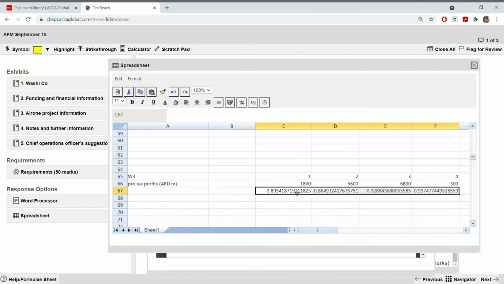Then only it will take the values. It will take the whole value. Okay, it does not matter.